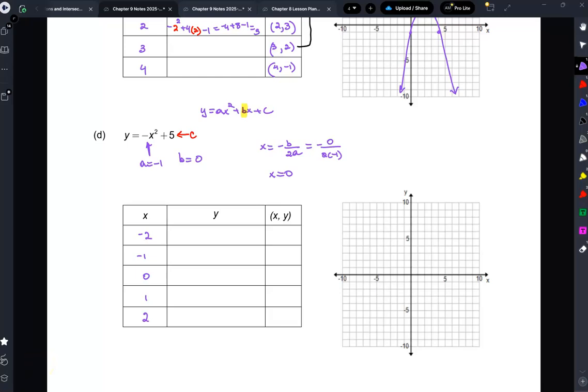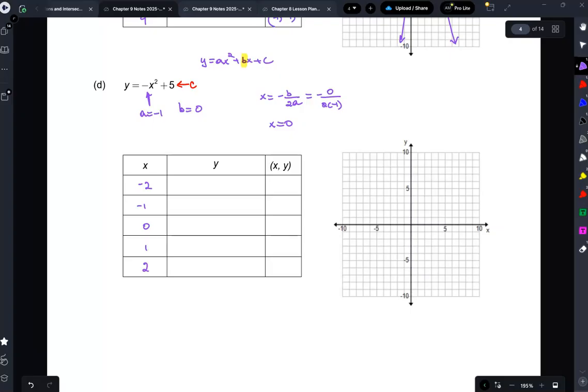This is major, major PEMDAS. So look, it's negative, and then negative 2 squared plus 5. This is negative, that purple negative. The negative 2 squared becomes what? Positive 4 plus 5. So that will be a 1. So it's negative 2, 1. It's major PEMDAS.